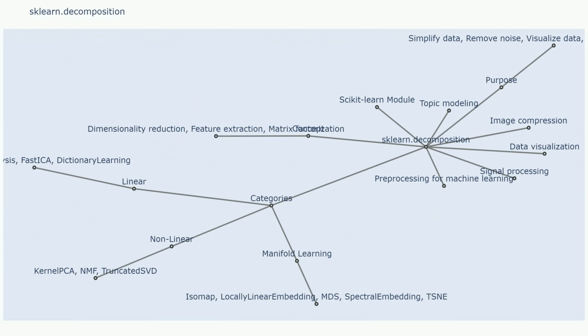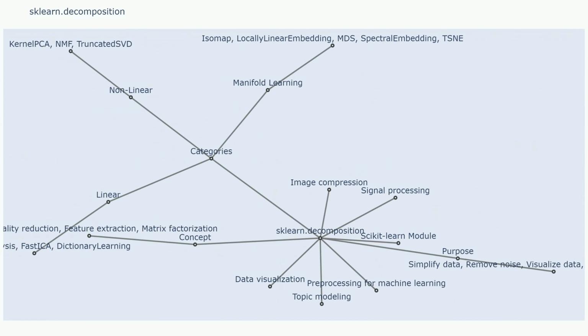Linear transformation: PCA finds a linear combination of the original features to create new components. Variance maximization: it aims to maximize the variance captured by each successive component, ensuring that the most significant patterns are preserved. Orthogonal components: the components are orthogonal, meaning they are uncorrelated.